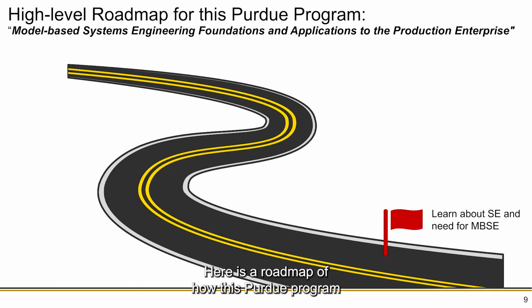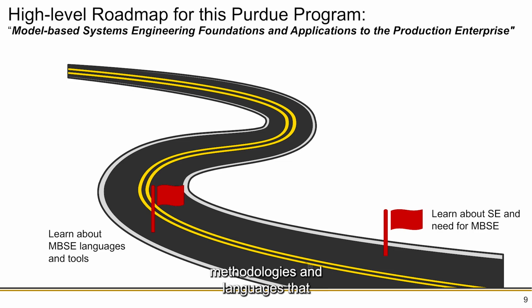Here is a roadmap of how this Purdue program aims to build model-based systems engineering competence. We will begin with learning the foundations of systems engineering first, and then going from systems engineering to model-based systems engineering. Then we will move on to learn about the standards, methodologies, and languages that are used to perform model-based systems engineering.